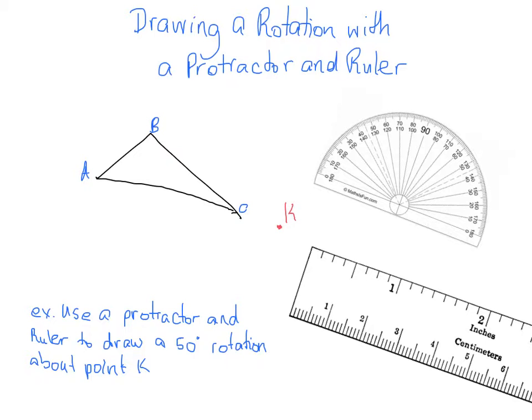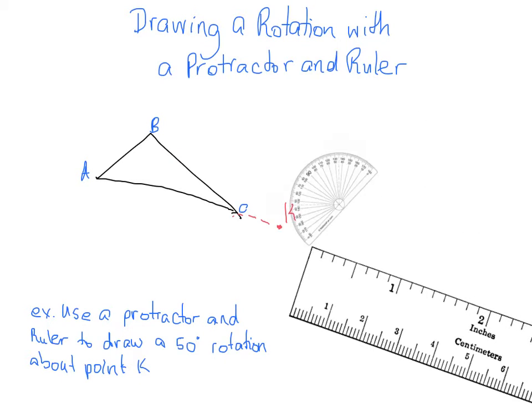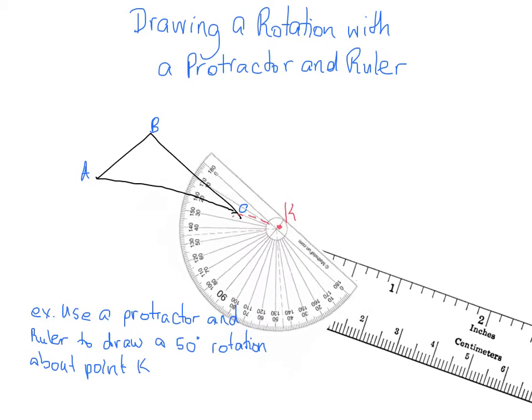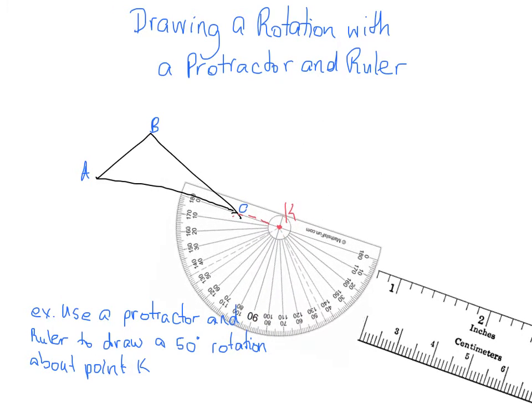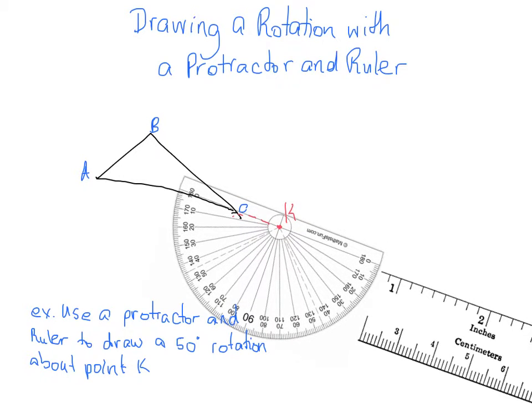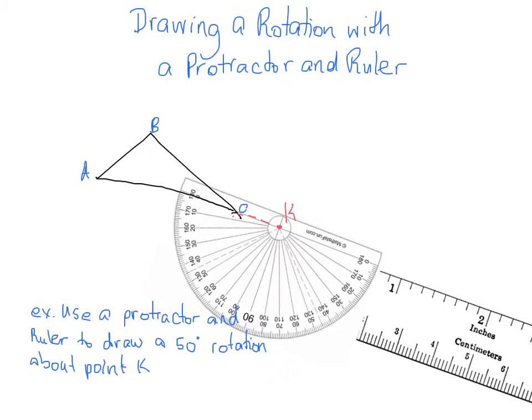In order to do that, we first have to draw a line, and we would, of course, use a real ruler if we had one, from one of our points to K. And now we can take our protractor and measure that 50-degree angle that we're interested in. So make sure that you are lining up the center of the protractor with K, and the line going to C has to line up with the 0 mark on your protractor.